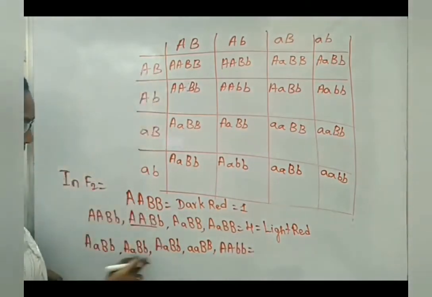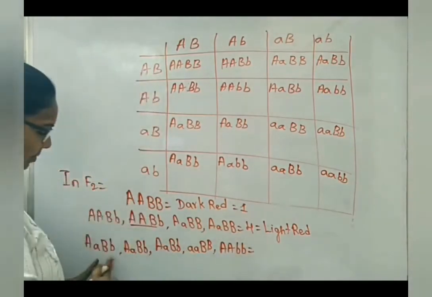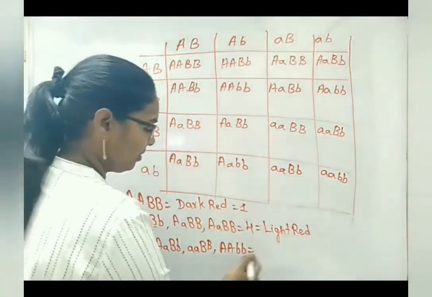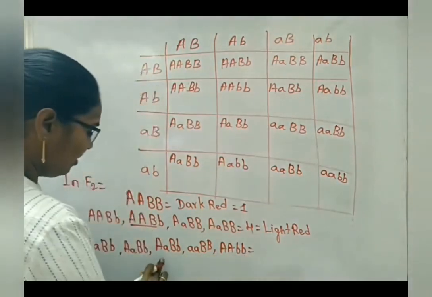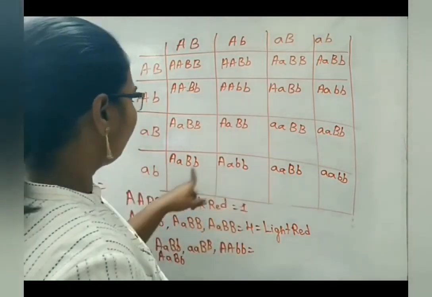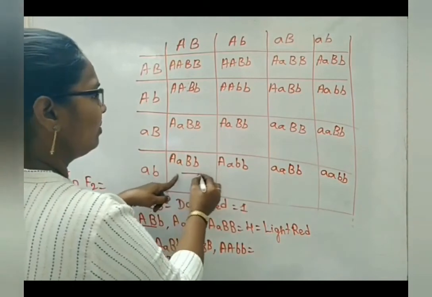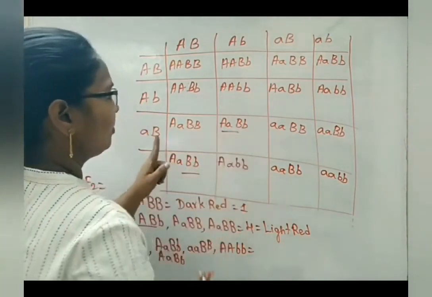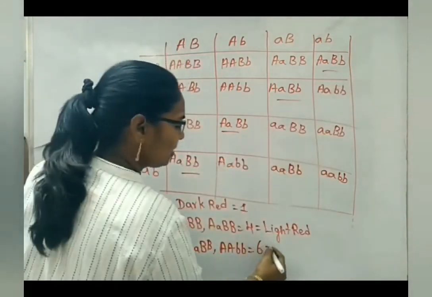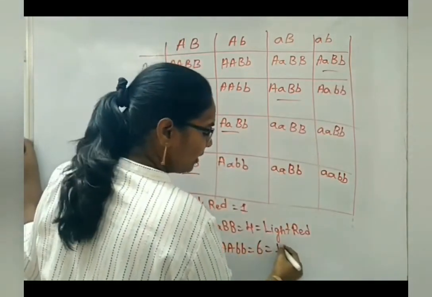Now another type of allele combination, you can check this one from where I have taken. So totally how many? 1, 2, 3, 4, 5. This one has to be 2 in number. Capital A, this one 1, 2, 3 and 4. Okay. Totally these are 6 in number. These are responsible for intermediate red.